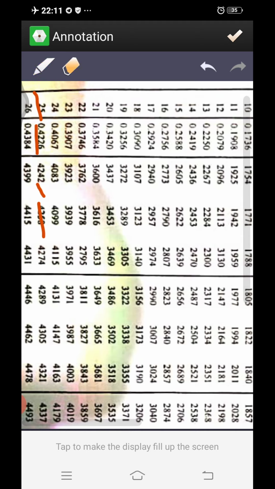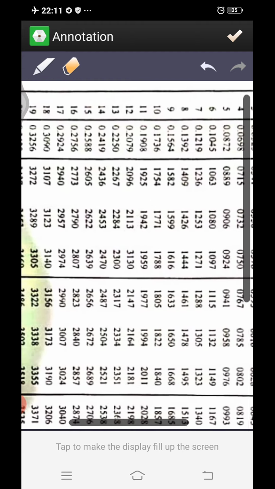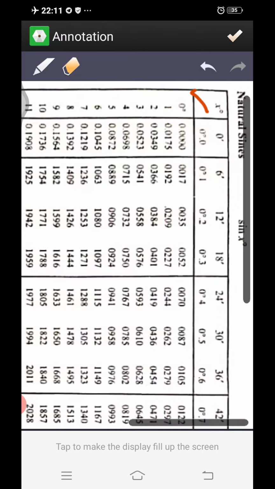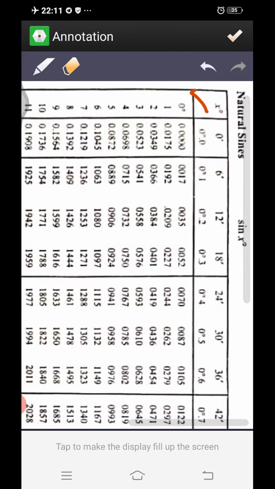You can see how much it is. Here all are starting with 0 point something, so here it will also start 0.4258. This is 12 minute. So from this side we will see 25 degree, and from here we will see 12 minute.